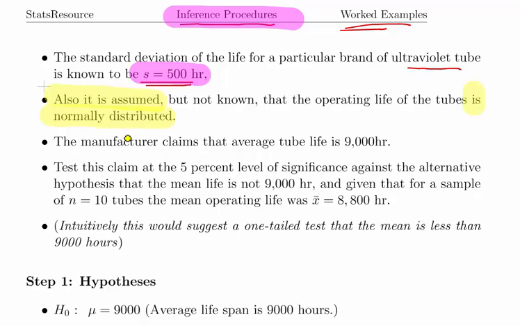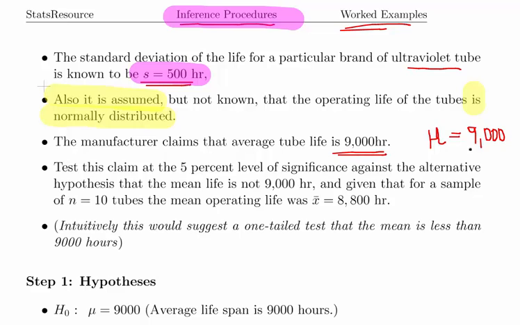Now, the average tube life is 9,000 hours according to the manufacturer. So that is going to be our expected value under the null hypothesis. Test this claim at a 5% level of significance against the alternative hypothesis that the mean life is not 9,000 hours.